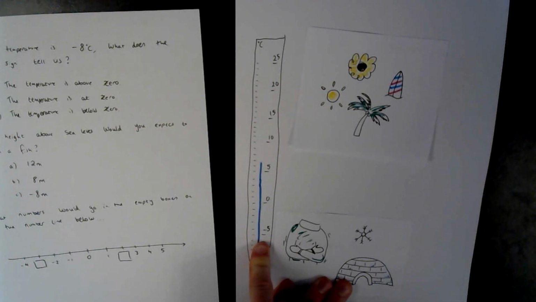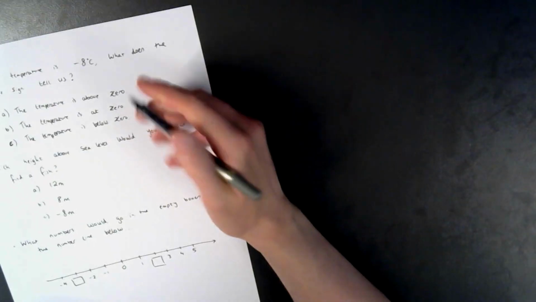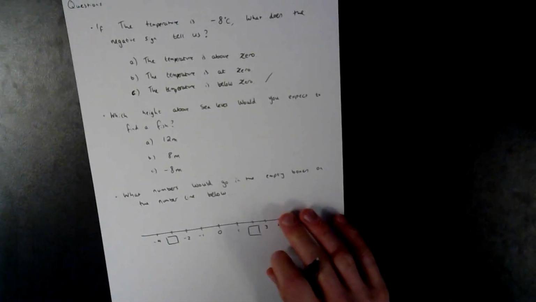So that must mean that the temperature of minus 8 is below 0. So the answer would be C. I'll leave you now to pause the video and have a go at the remaining two questions.